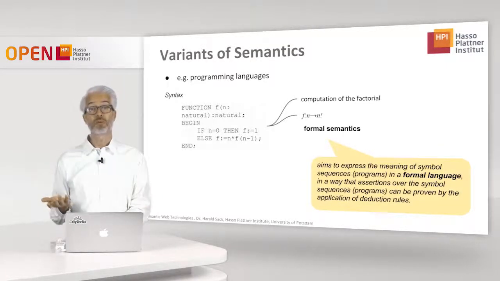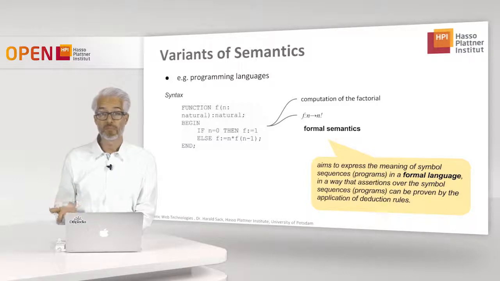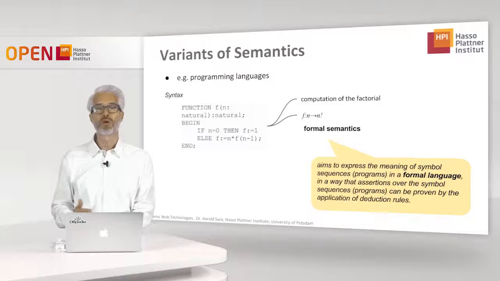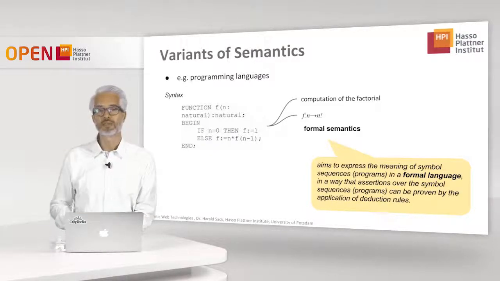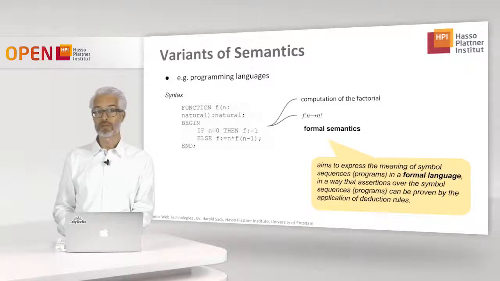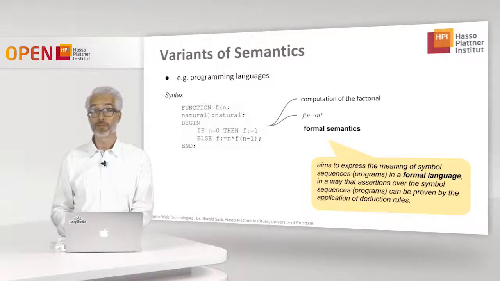The formal semantics aims to express the meaning of symbol sequences, these are programs in a formal language, in a way that assertions over the symbol sequences, meaning over the programs, can be proven by the application of deduction rules. So it can be formally and automatically proven. That's the purpose of this formal semantics. Therefore, formal semantics is rather important for us. We want to define a formal semantics somehow.